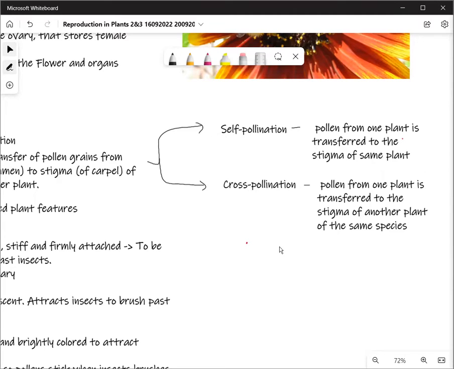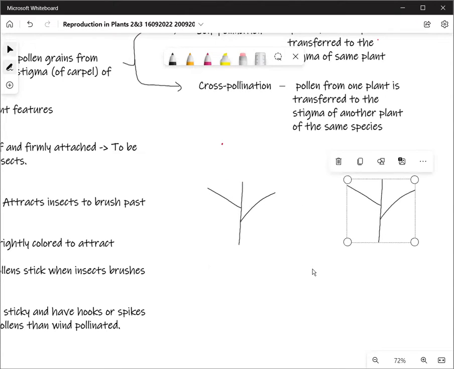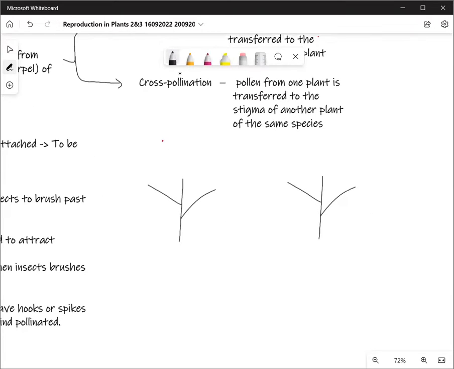If I have 2 plants here, let's make plants. Let's say a plant like this one, and I have another plant here. Now, if I realize that the flower on this one, the flower on this one is actually going from, okay.